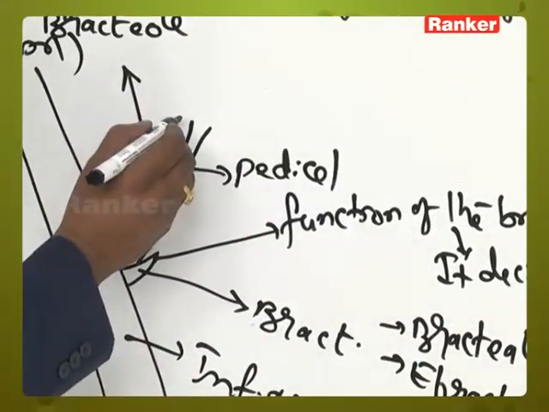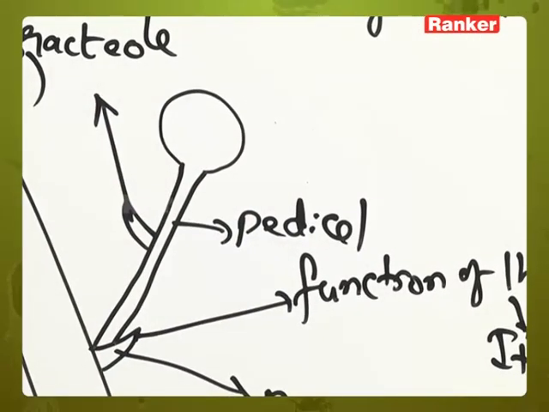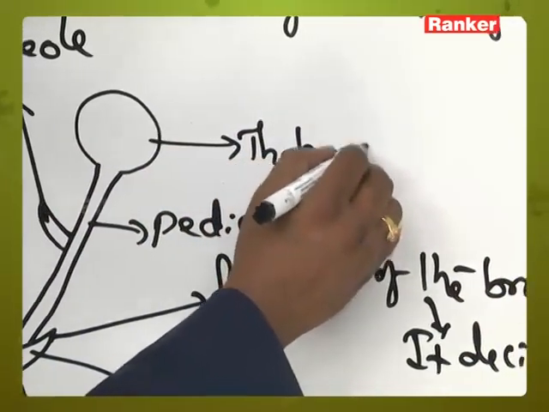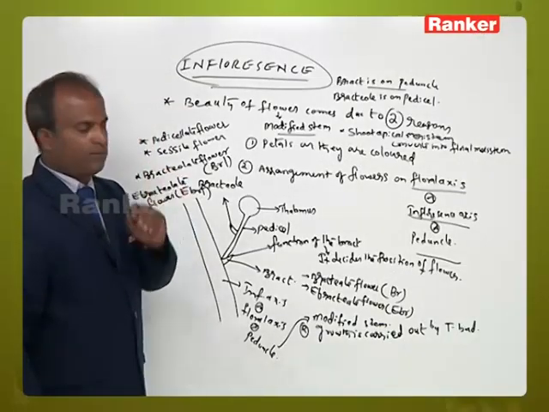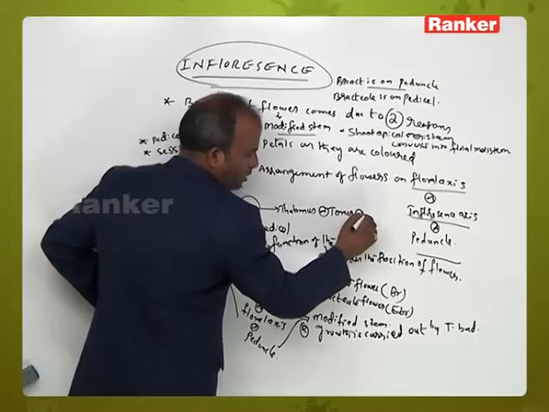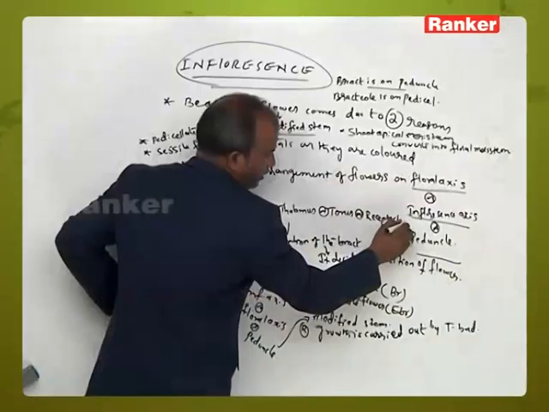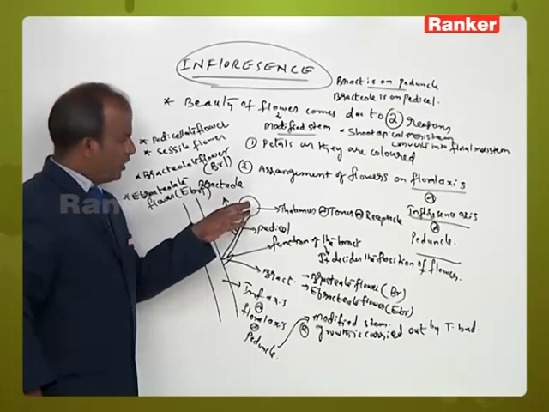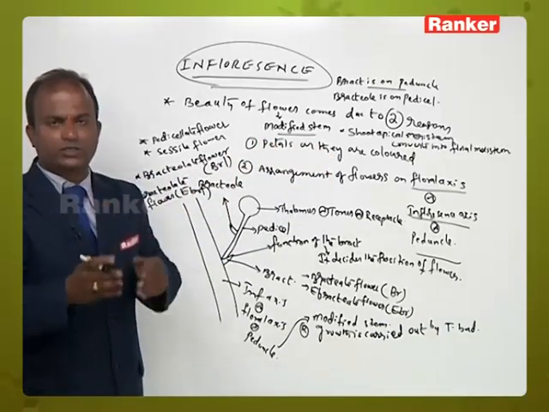Now, the apical portion of the pedicel is condensed into thalamus, also called torus or receptacle.